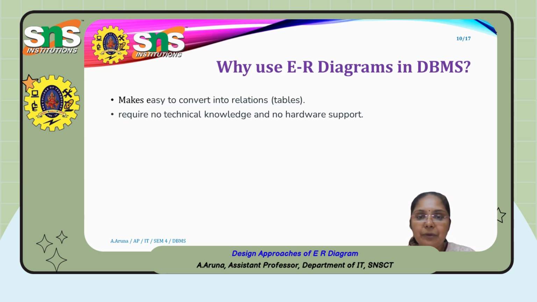Using relationships, with a primary key and foreign key, we can establish a connection between two entities. This is the major reason for going for an ER diagram. Also, no hardware support is required, and no technical knowledge is needed. So we have chosen the ER diagram.